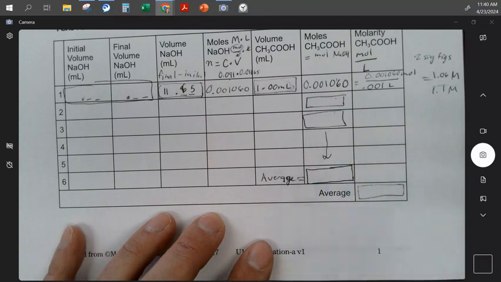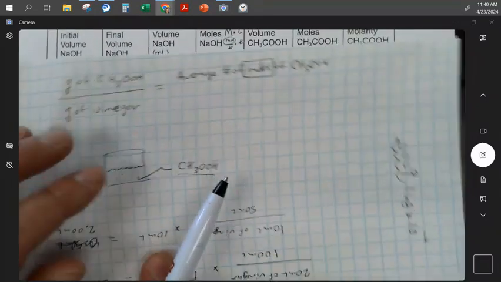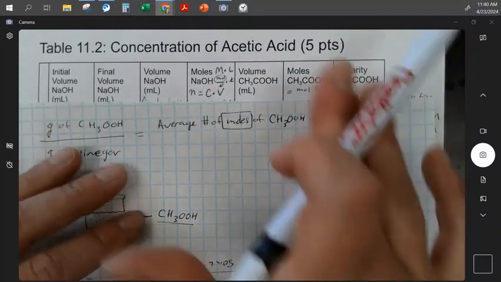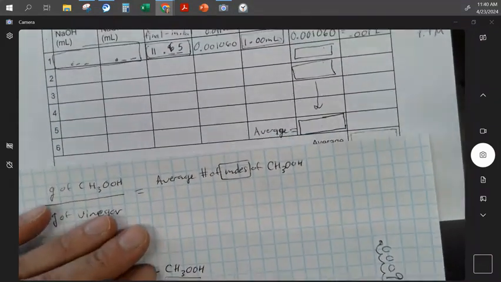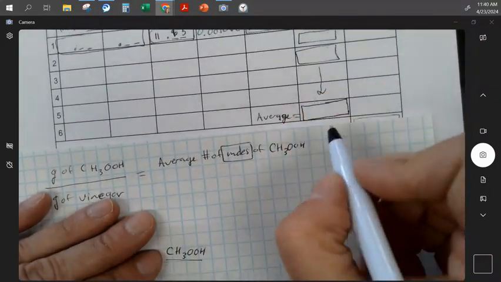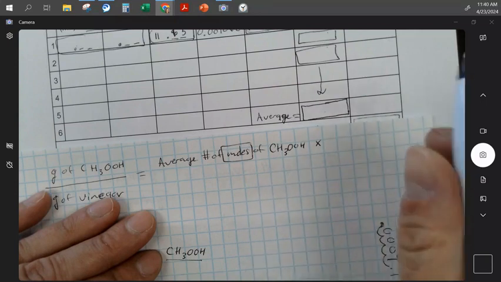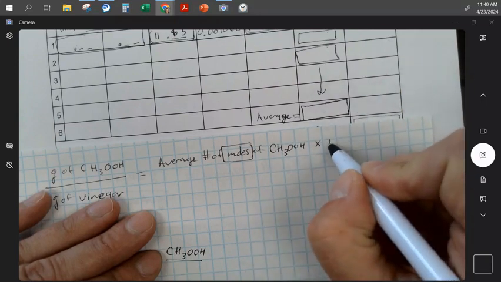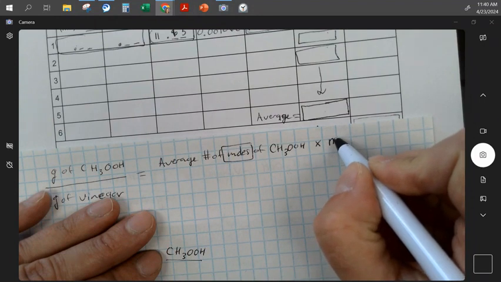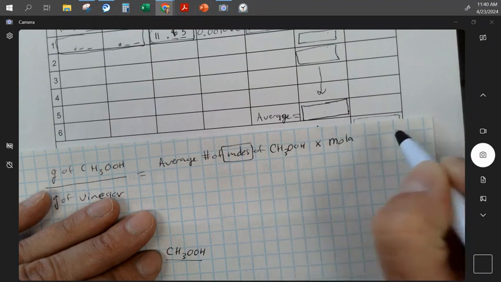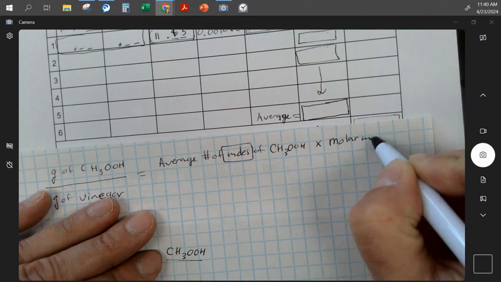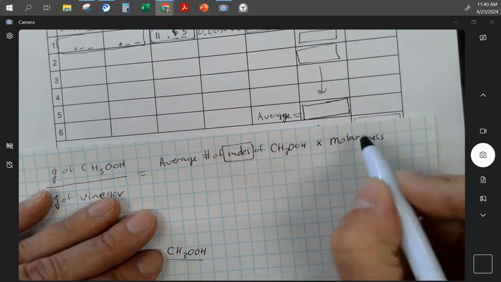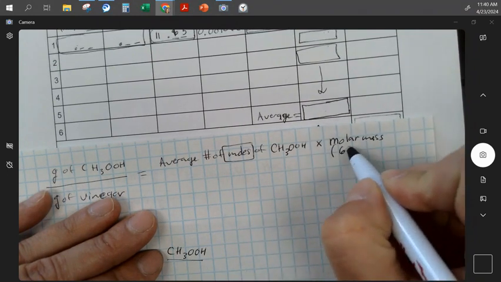So take your moles. We need to go to grams. So when we go from moles to grams, multiply by the molar mass, atomic mass. I think it's molecular mass, I'm going to call it molar mass, of acetic acid. You can look that up or you can calculate it.